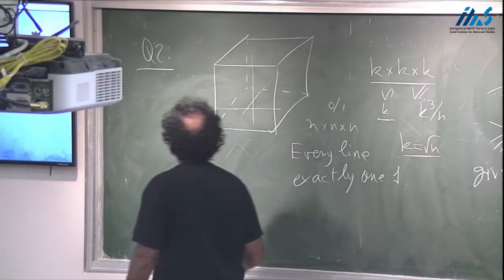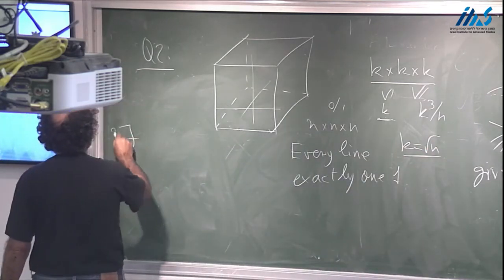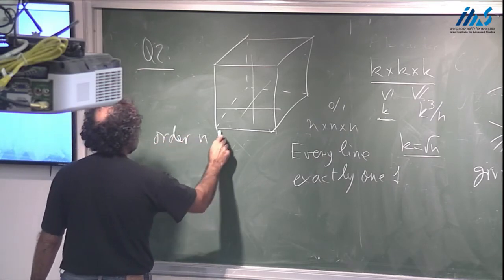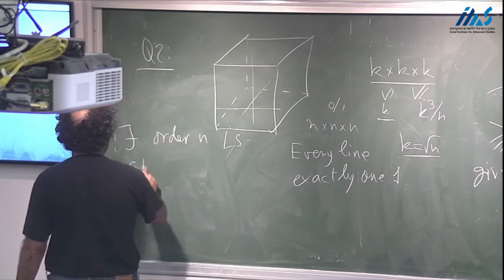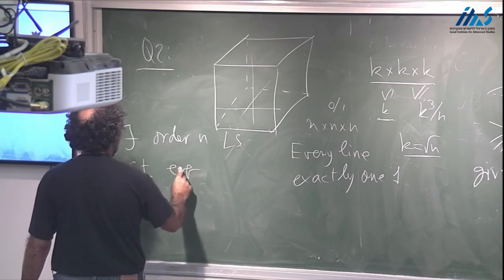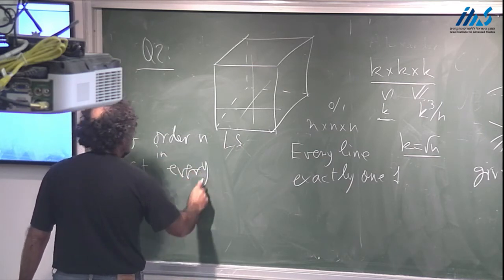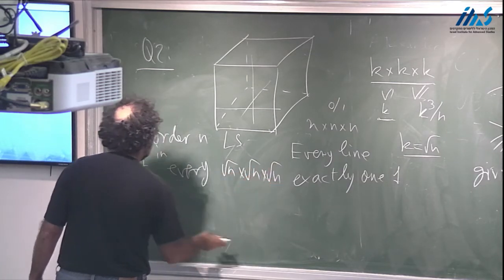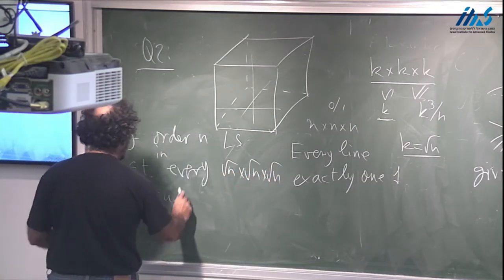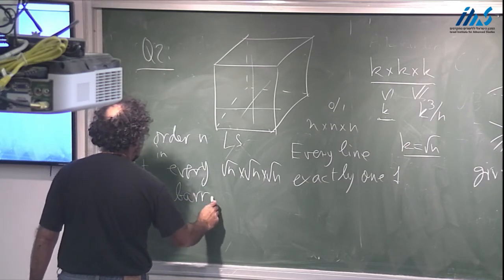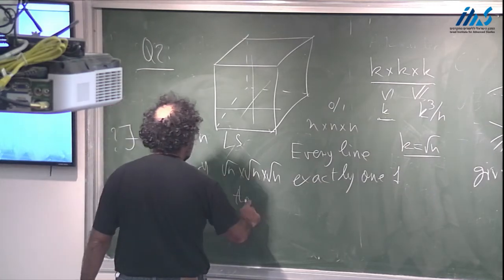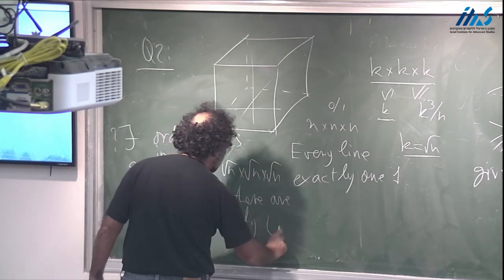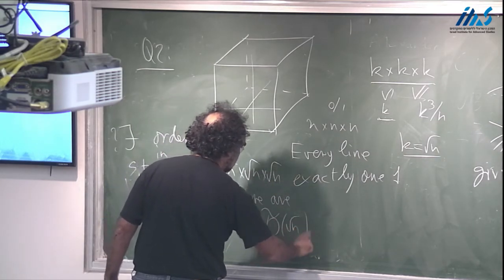So now I can ask the question: does there exist an order n Latin square such that in every root n by root n by root n subarray there are only O tilde of root n ones?